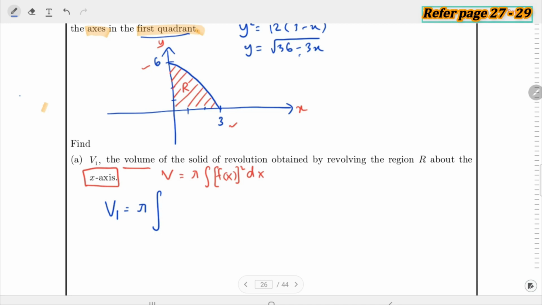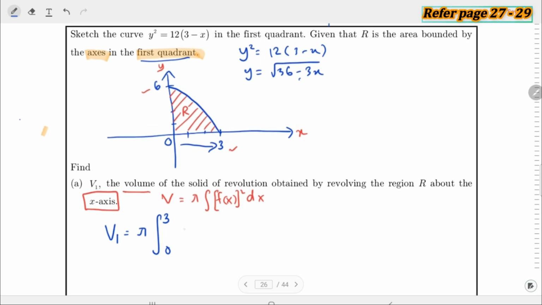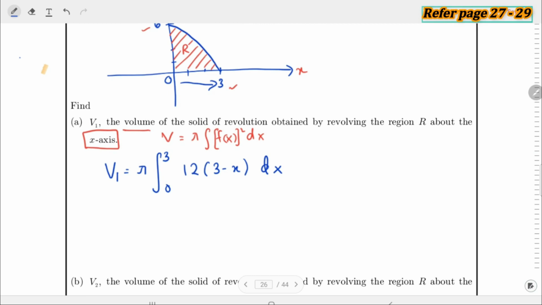So V1 equals pi. For the x-axis, the limits are from 0 up to 3. So from 0 to 3 of this function f(x) squared, so we know f(x) is 12(3 minus x). Please don't get confused, because this is y squared, so I just straight away put the function here, dx.